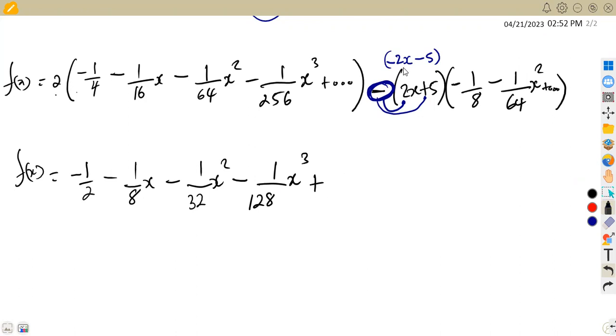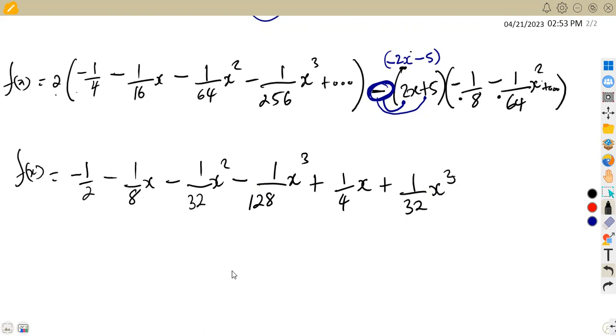So now we are going to multiply -2x by -1 over 8, which gives us a positive 1 over 4x. All right, we move on. -2x by -1 over 64x to the exponent of 2 gives us positive 1 over 32x to the exponent of 3, because it is x and x squared.